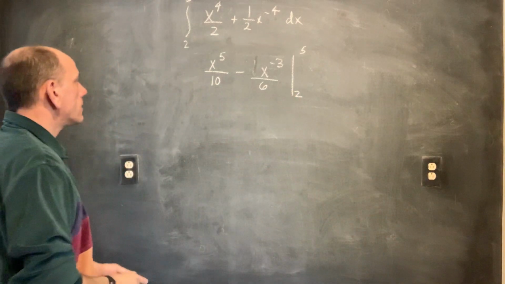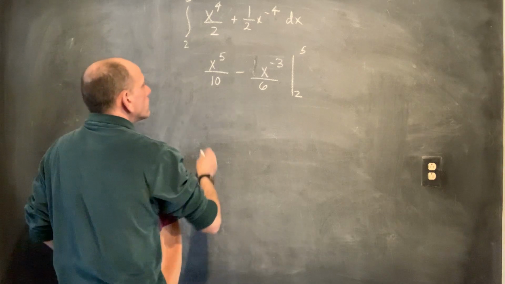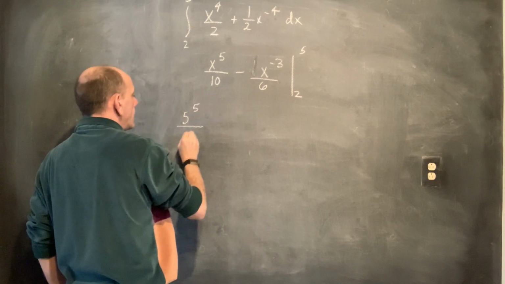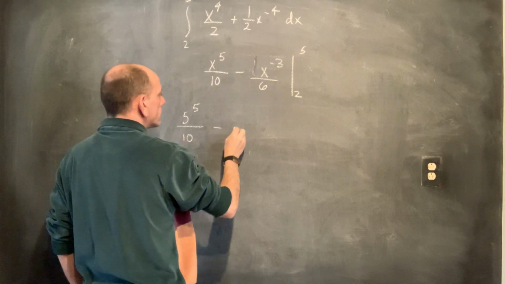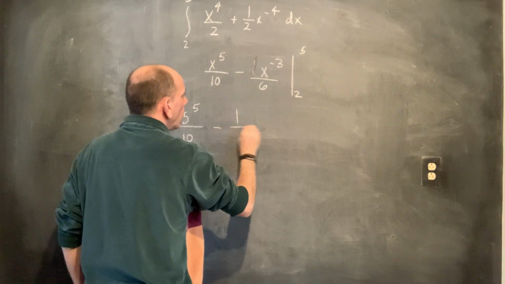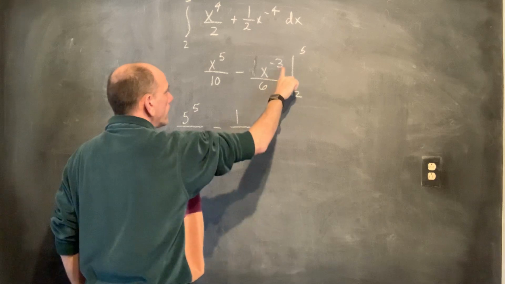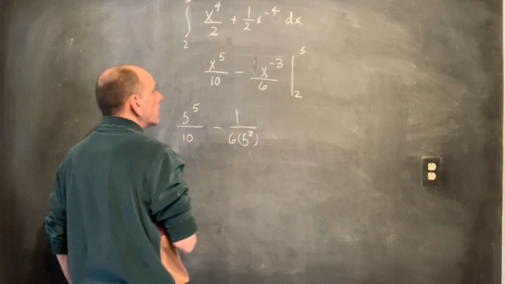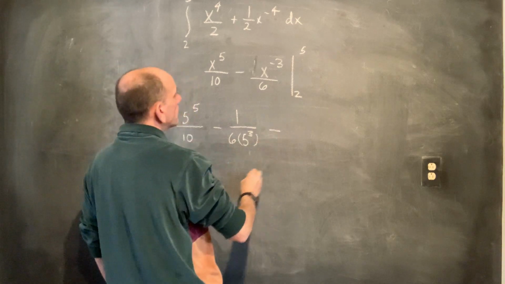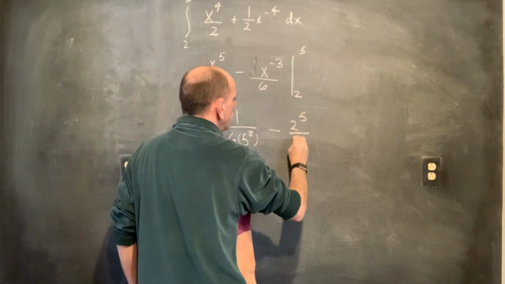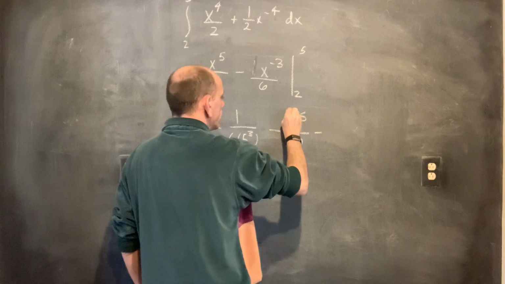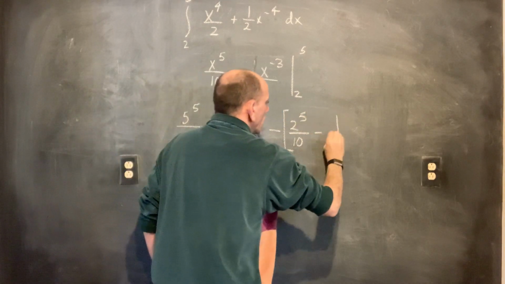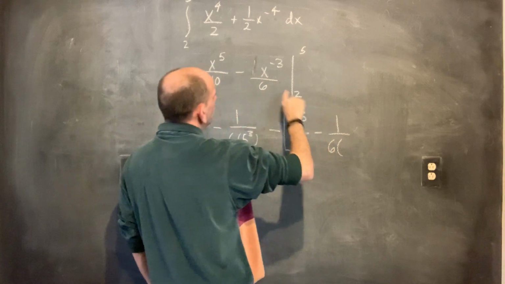But now we're actually just evaluating it. So 5 to the 5th over 10 minus, well, it's going to be 1 over 6 times 5 cubed, minus 2 to the 5th over 10 minus, it's going to be 1 over 6 times 2 cubed.